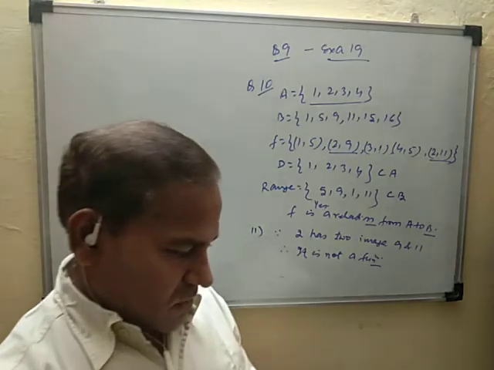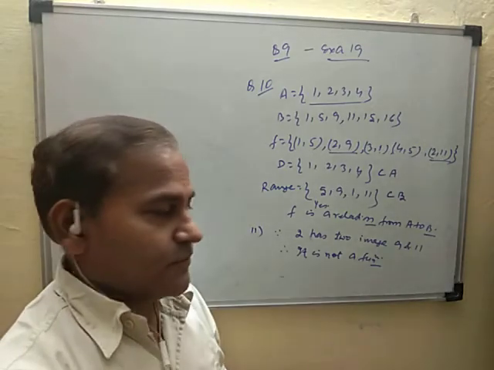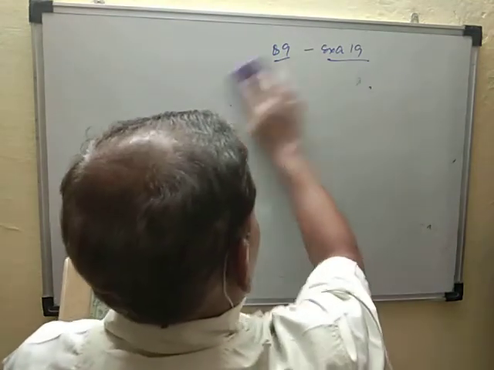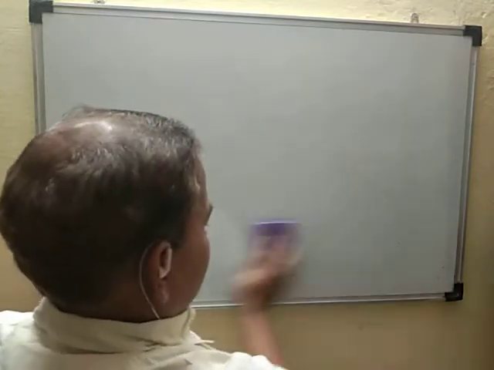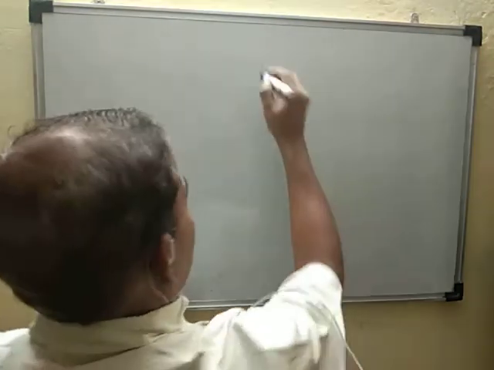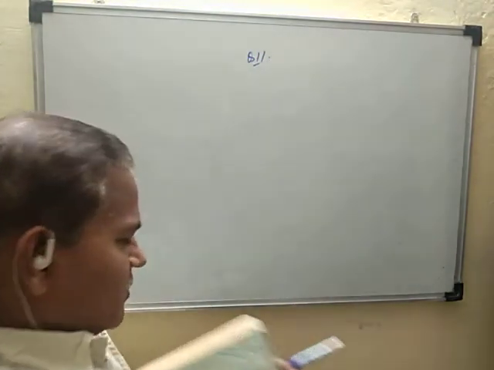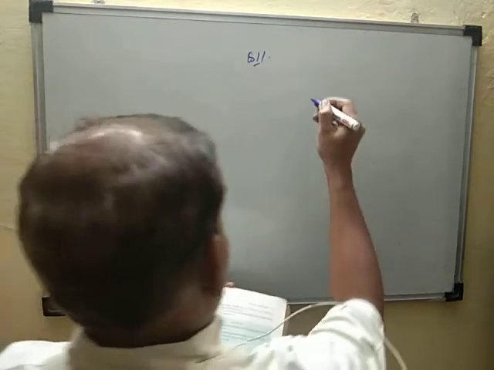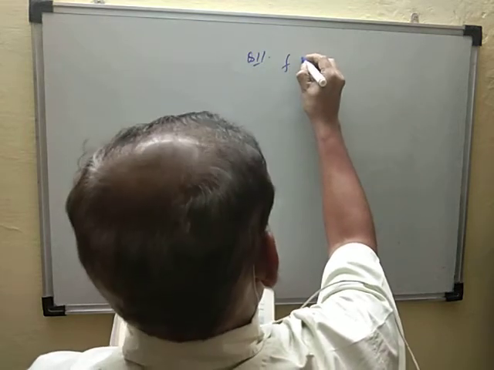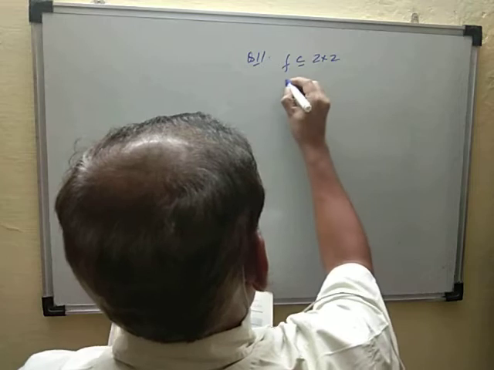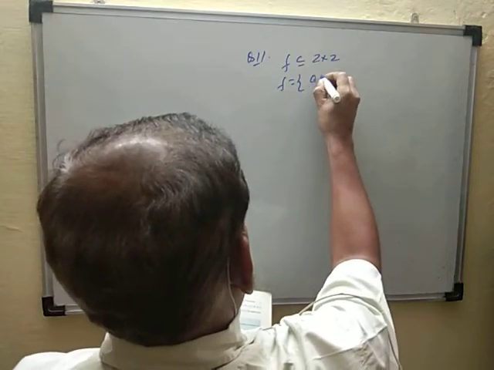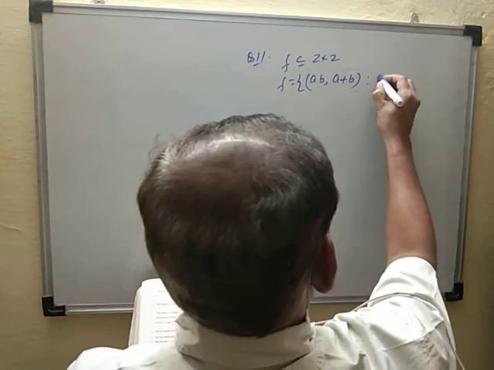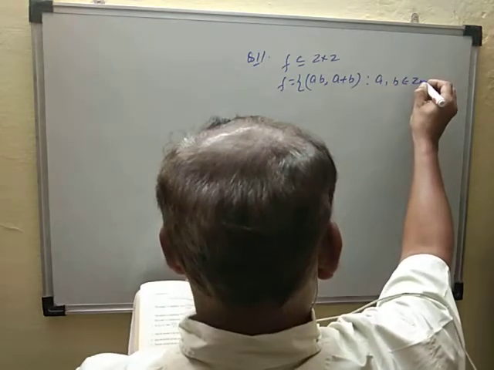Okay, now next, question number 11. Let F be the subset of Z cross Z defined by F equals {(ab, a plus b) such that a and b both belong to Z}.